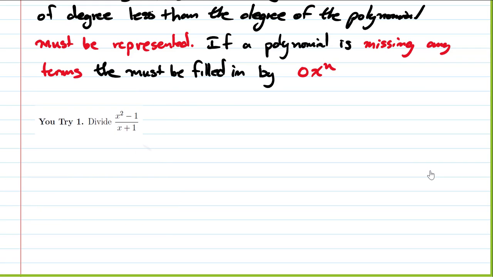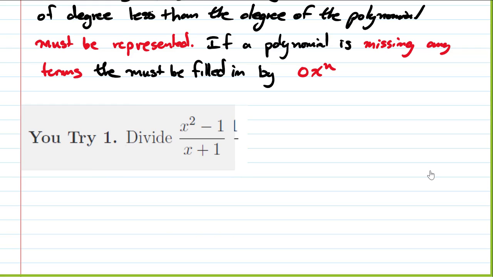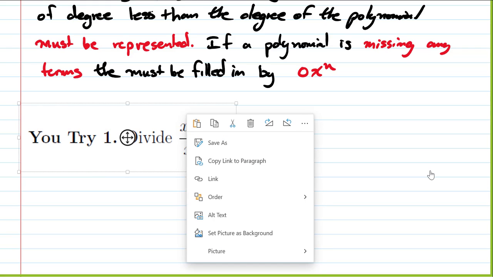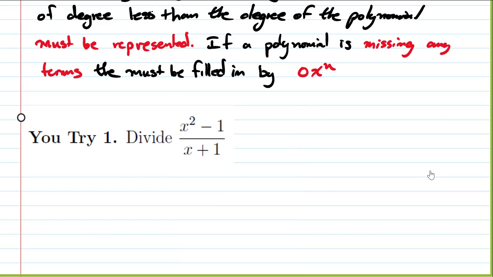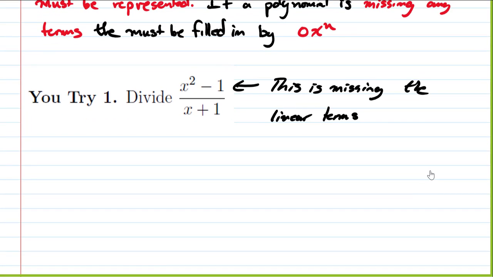So when we take a look at your U-try that you're going to be working on, when we look at the polynomial in the numerator, so right here, this is missing the linear term. So it's degree 2, but it only has a degree 2 monomial and a constant, so a degree 0 monomial.